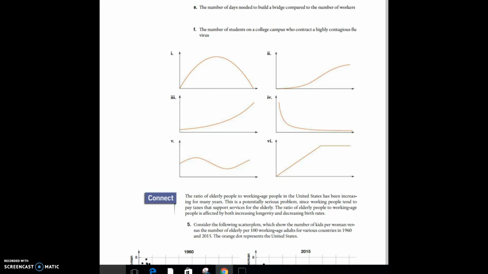For a while, it almost looks exponential, like everybody's infecting everybody. But there comes a point where everybody's sick, I guess, and it kind of levels off at a certain point, like everyone's been infected. It grows really fast, and then it levels off a little bit.